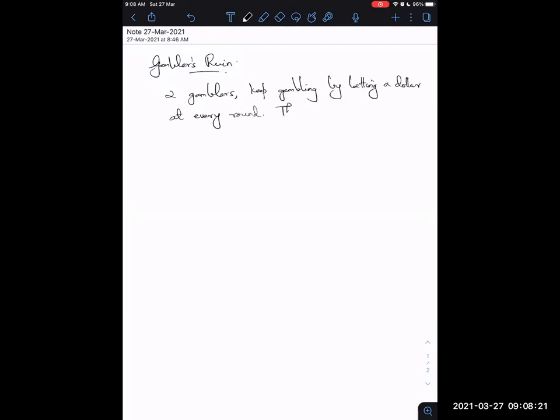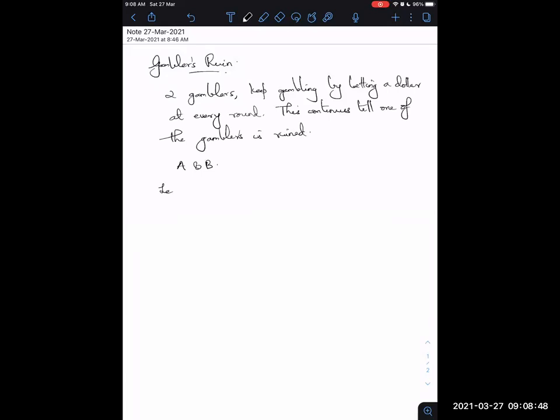This continues till one of the gamblers is ruined, and by ruined, I mean he goes out of cash. To make it more concrete, let's call these gamblers A and B.